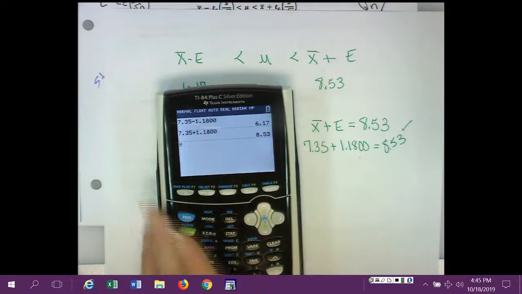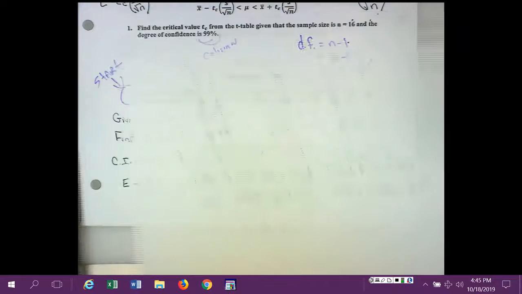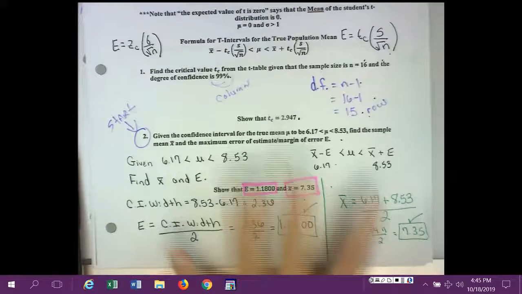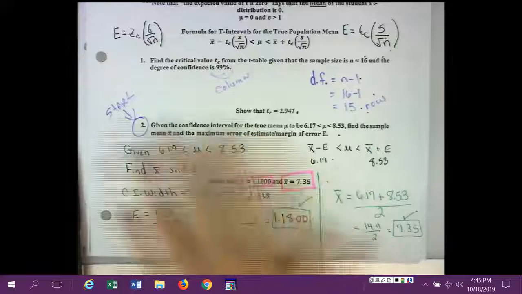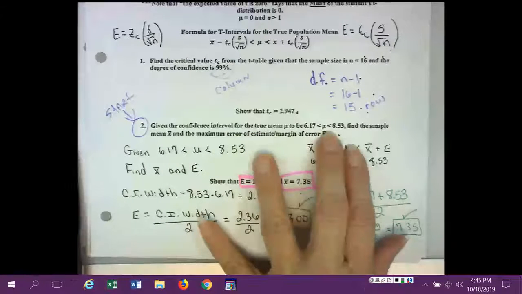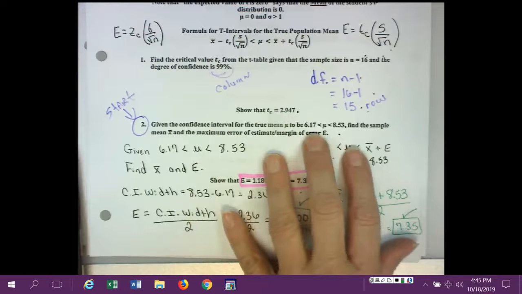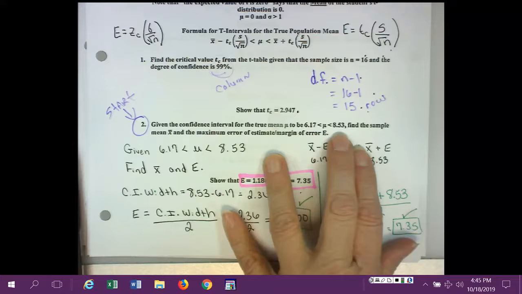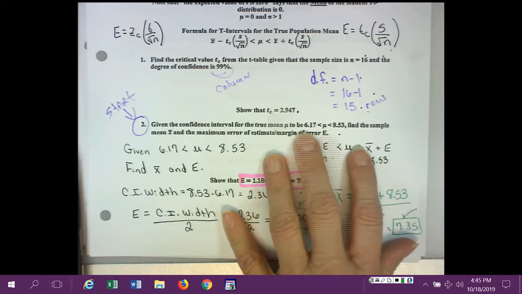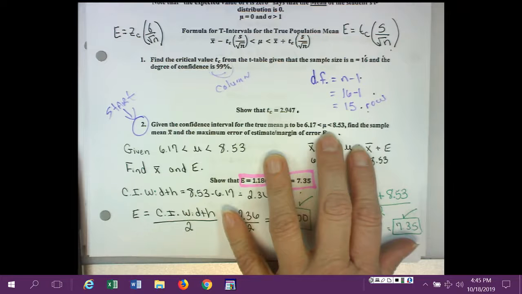Please remember this technique. Whenever you have a problem that is set up like this one, and they give you the confidence interval result, in this case 6.17 to 8.53, that's all they give you. They don't give you the degree of confidence, the sample size. They don't give you the sample mean. They just give you the final answer, and they tell you the parameter is mu.